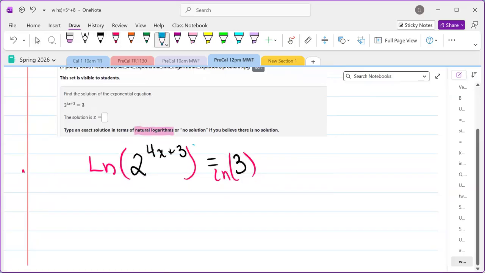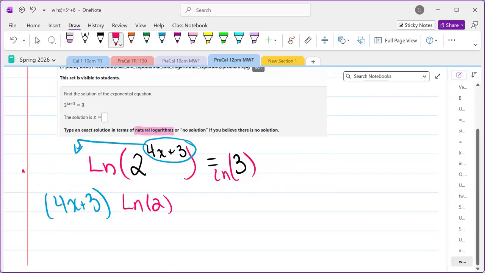So again, our log properties take the power and say bring it down up front. Now the power is a whole crazy thing, 4x plus 3. So I'm going to bring that down with parentheses. And then that is being multiplied by the natural log of 2. And this equals on the other side the natural log of 3.